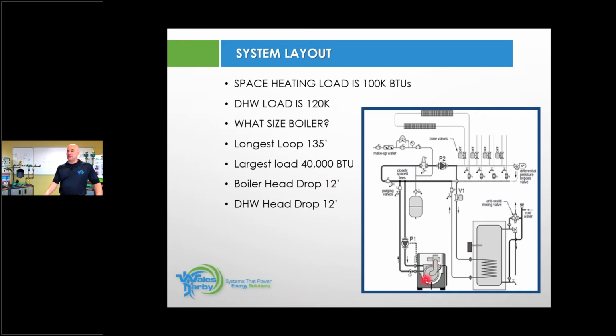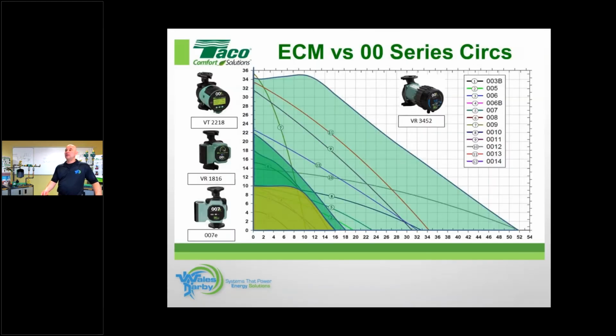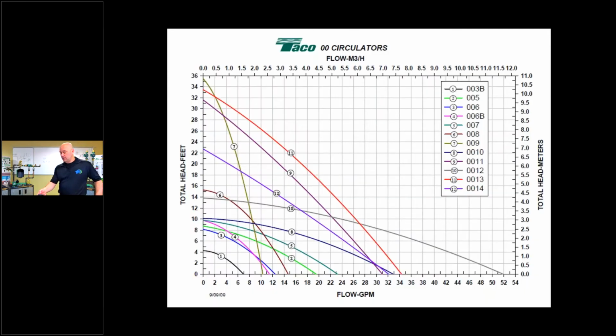Even if it was a 100,000 BTU boiler, it's 10 GPM. For my indirect, it's 12 feet of head. And I'll go to that chart again. And it could be, here's 12 feet of head. It could be 10 or 12 GPM. I'll go right up in between them, and I will land right there. And I will still be under line number 10.